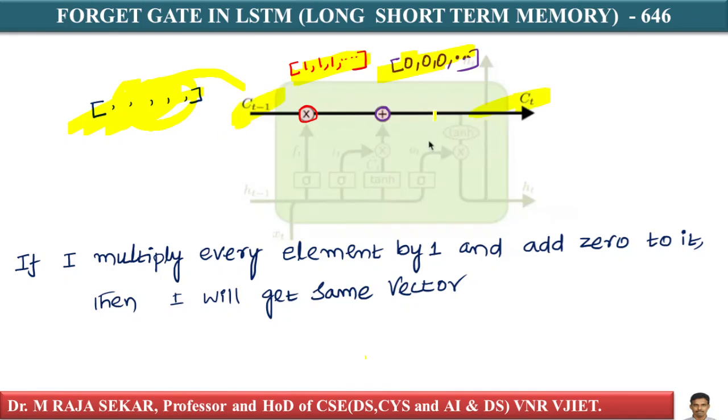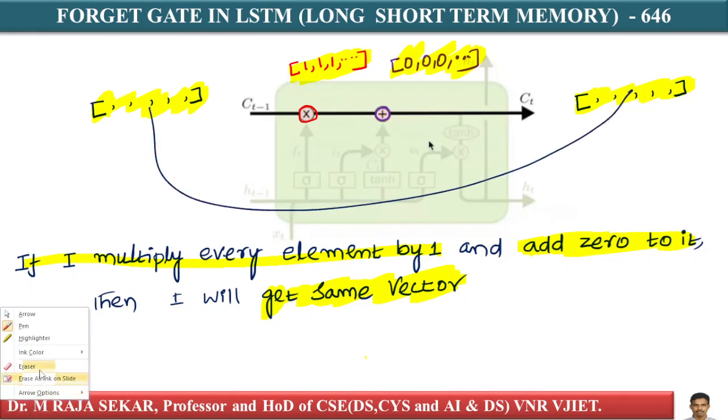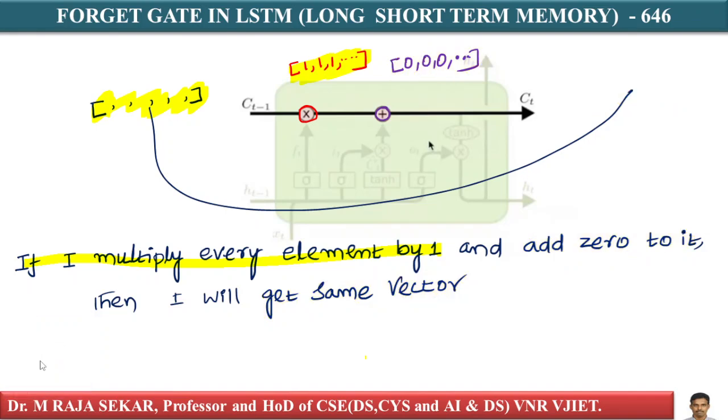If I multiply every element by 1 and add 0, you will get the same vector.